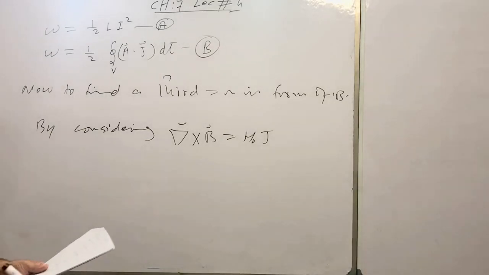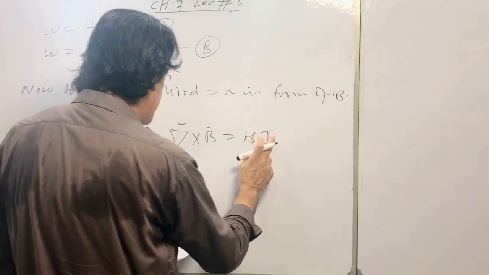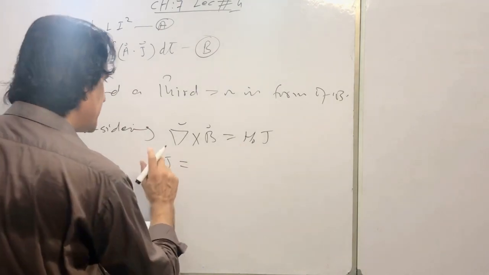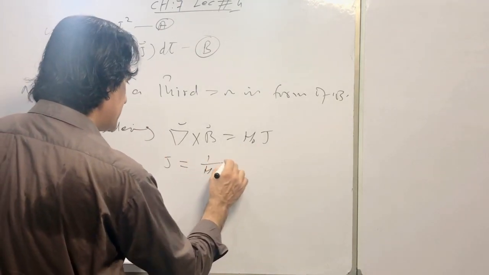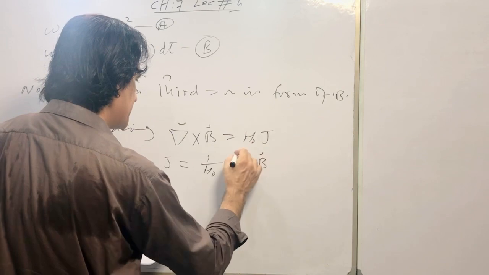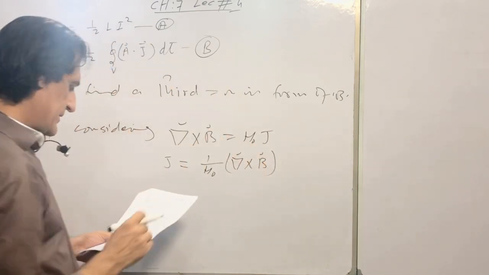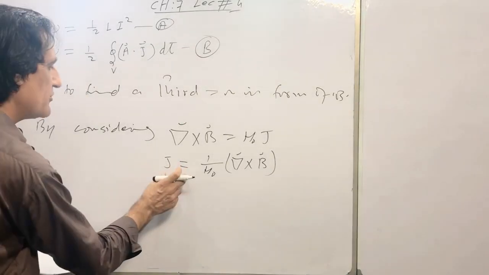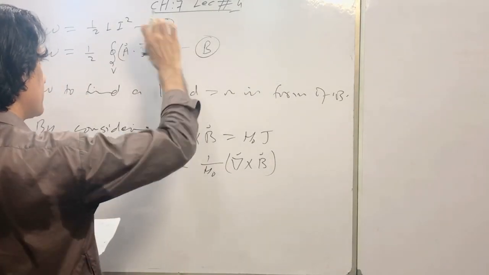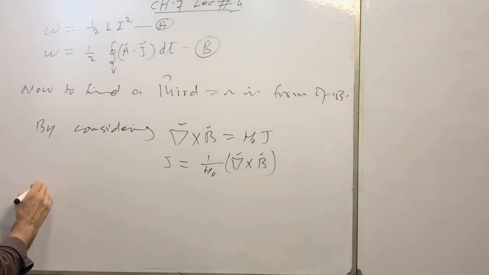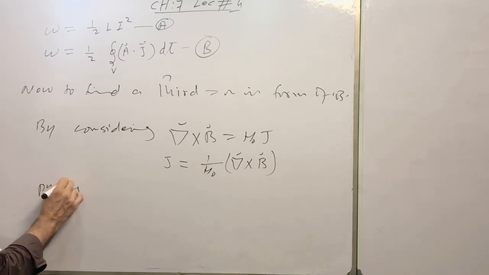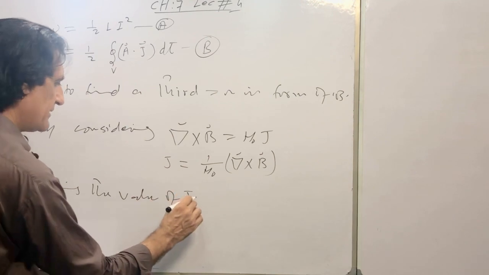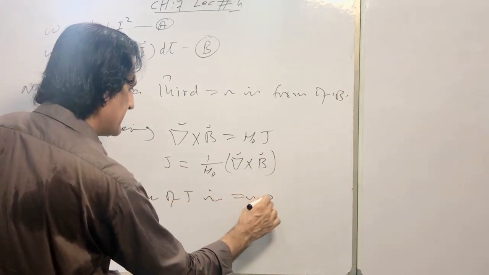So from this equation, if I find J, then 1 over mu naught del cross B will take this form. And putting this value of J in equation B.